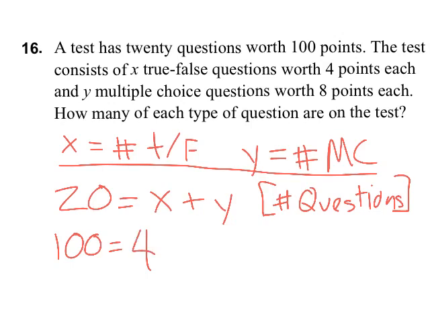How many true-false questions are there? What are we representing it with? X. X true-false questions. Plus, now let's do multiple choice. How much is each multiple choice question worth? 8. And then how many multiple choice questions are there? Y. So this is my point value.